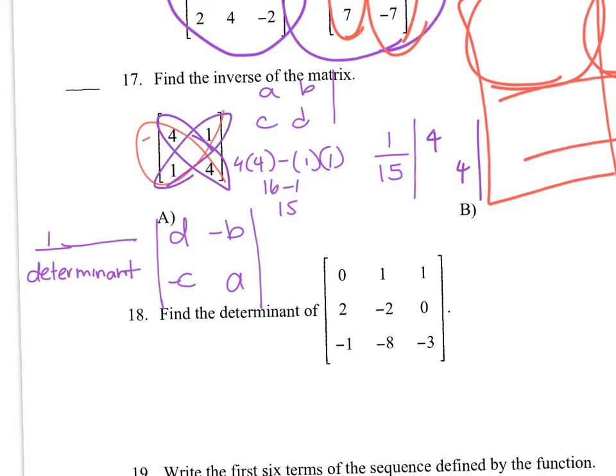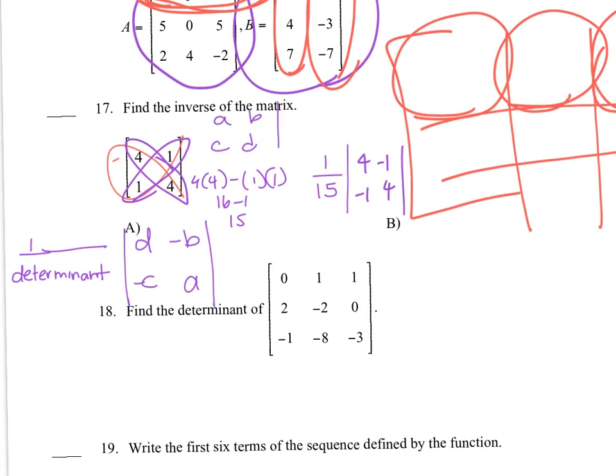And I negate these two, which again, that's why it's a bad example, would give me the -1, the -1. And then distribute that in. So I'd get 4 over 15, -1 over 15, -1 over 15, and 4 over 15.